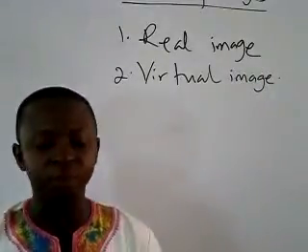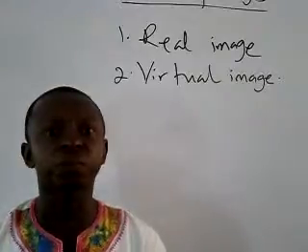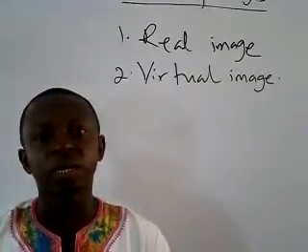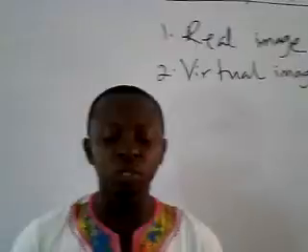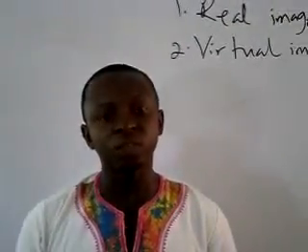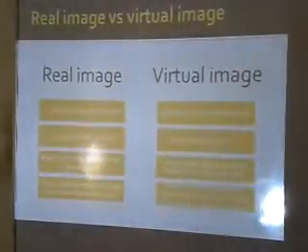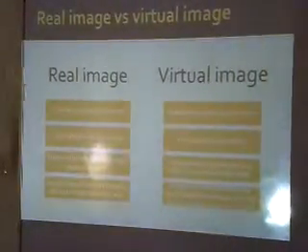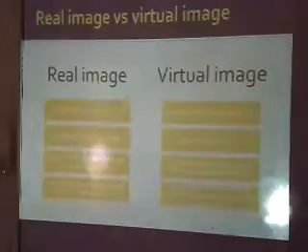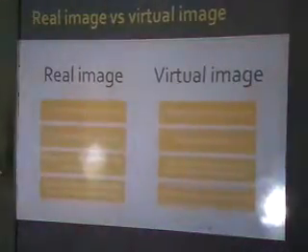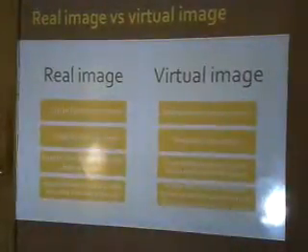These are the two types of images, and we want to see the difference between them. One is that a real image can be projected on a screen, but a virtual image cannot.